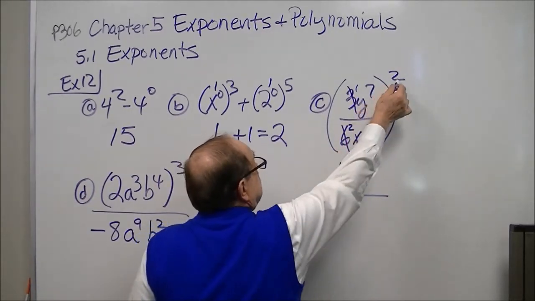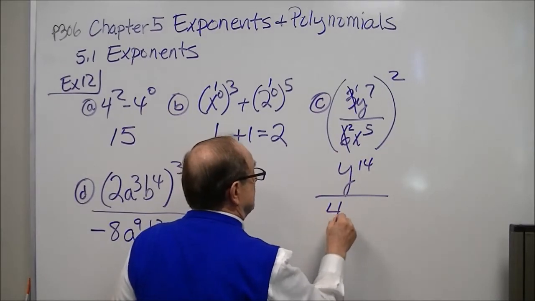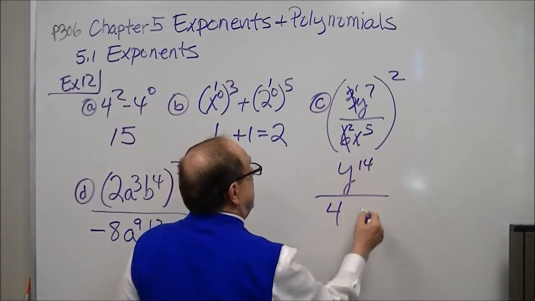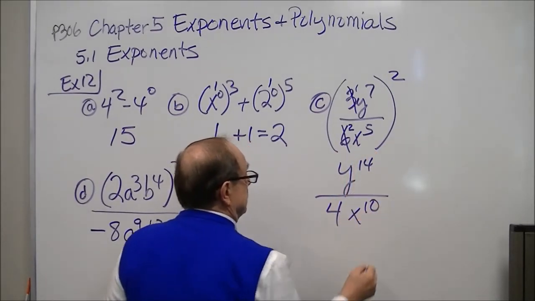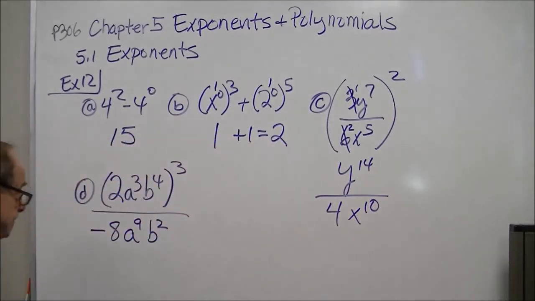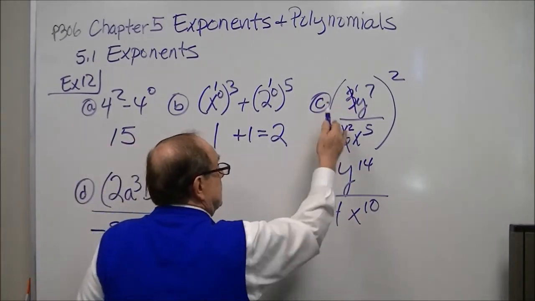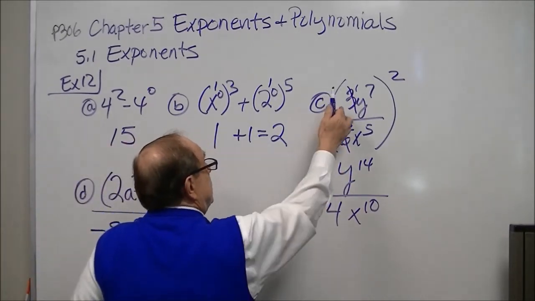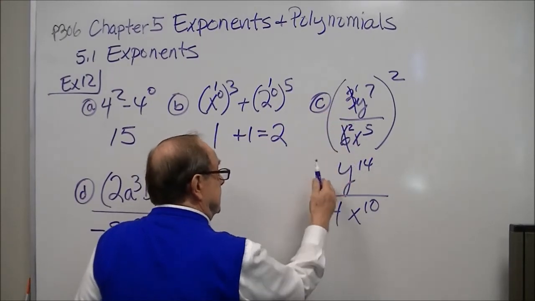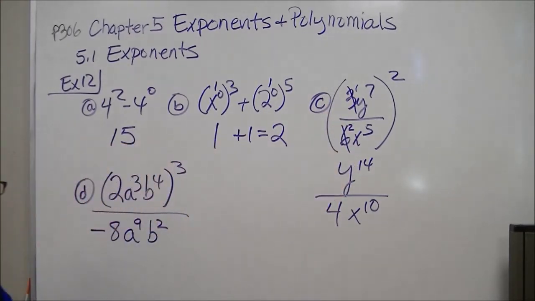This is going to be 2 to the 2nd, which is 4, x to the 10th. And by the way, had you not done the canceling here, when you got a 9 and you got a 36, you could have canceled it then as well. But they do want it simplified.